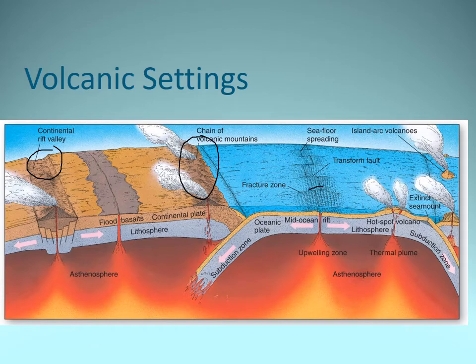We can get seafloor spreading and its volcanic activity due to seafloor spreading centers. And then we can also get subduction zones in the ocean that create island arc volcanoes. And so the one type of volcano, once again, that we can get without plate boundaries is due to hotspots.